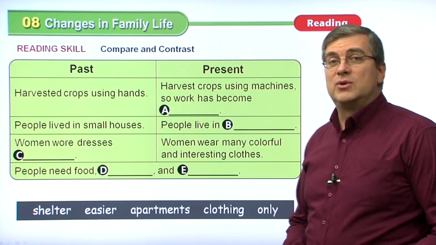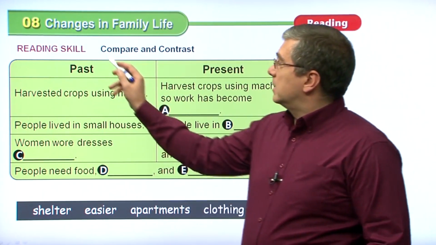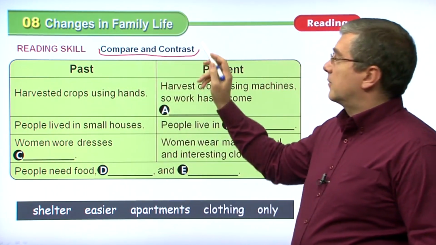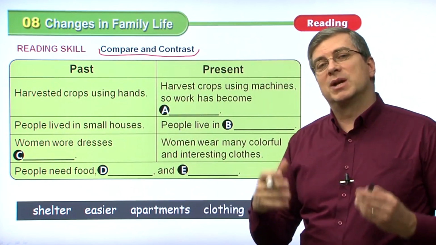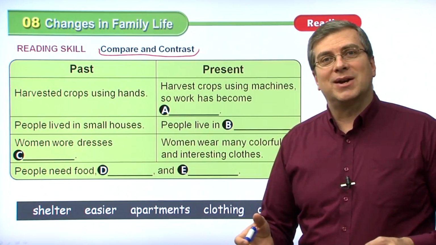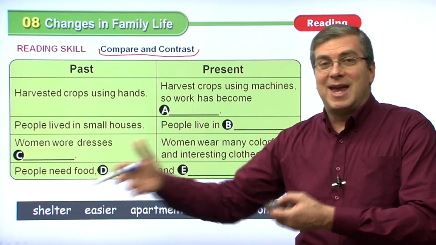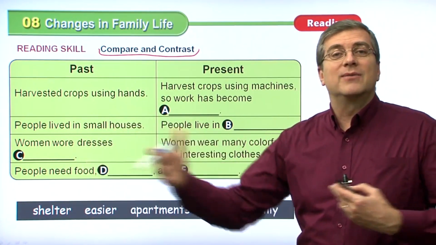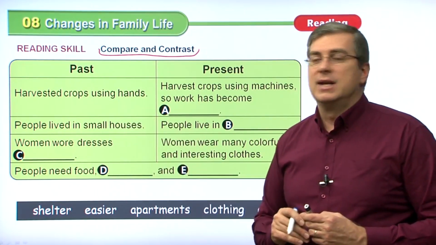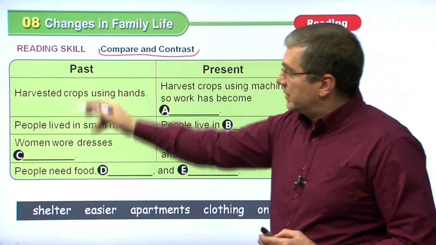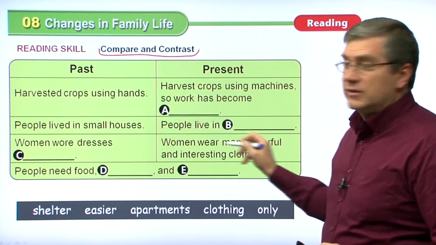Okay, so now we've come to our reading skill, and our reading skill is compare and contrast, and of course that's very appropriate for our reading passage, because in the reading passage we were talking about in the past and now, or today. So we can very easily compare and contrast the two time periods. Here in our chart, we can see the past is over here, the present is over here.